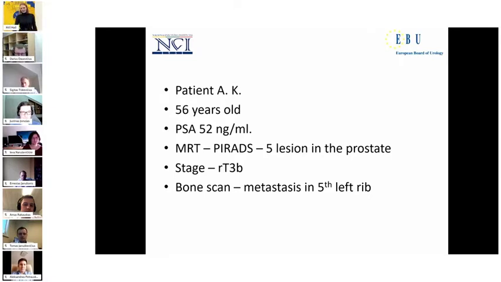On the first MRI scan, we saw a PI-RADS 5 lesion in the prostate. I cannot tell you where exactly because the MRI was not done in our institution. The stage was T3b, and on bone scan, metastasis in the 5th left rib was found. So it would make it T3b M1, sorry.